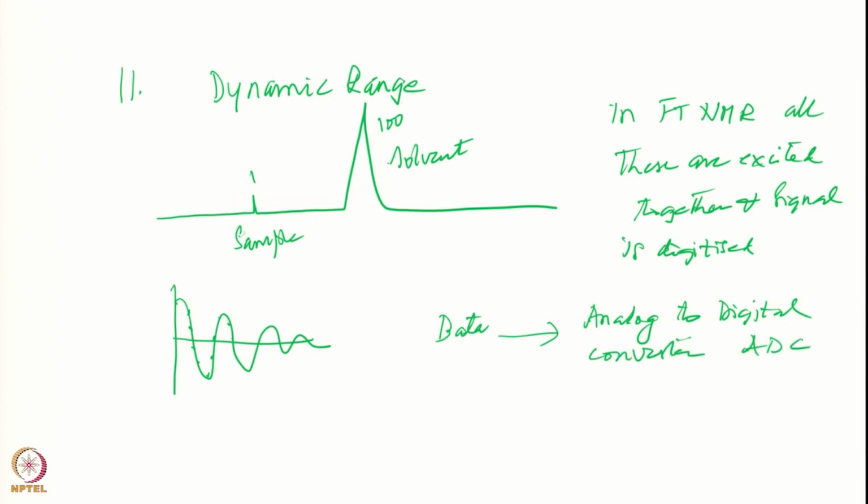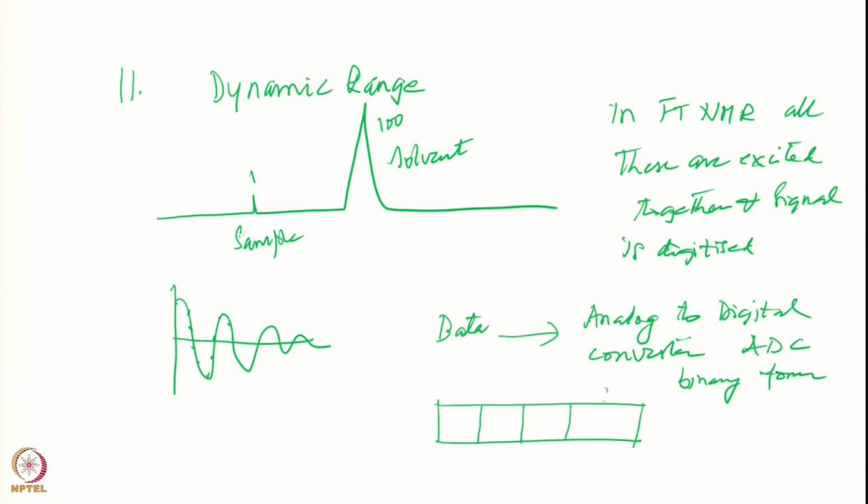This collects data in the binary form. So it does collect data in the binary form, because that is what the computer understands, right. And let us say we have an analog to digital converter which has a resolution of, let us say, 4. So there are 4 bits in the analog to digital converter.